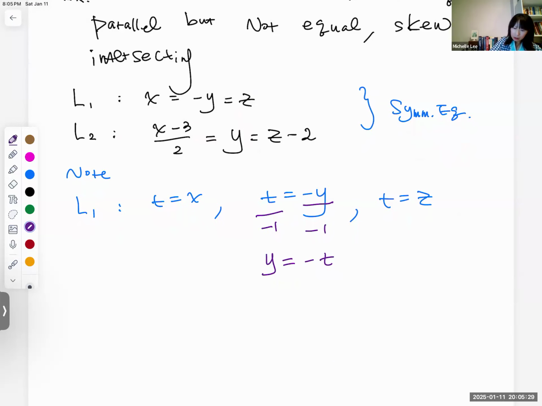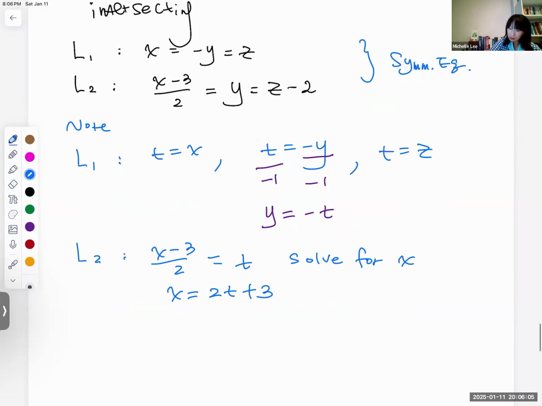What about line 2, right? So we have x minus 3 over 2. We set this equal to t, then solve for x, not t. Then we have x equal to 2t plus 3.